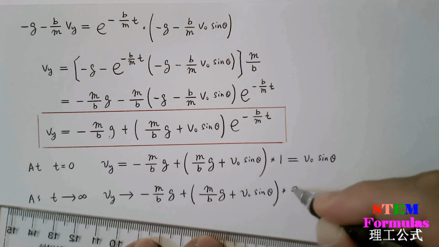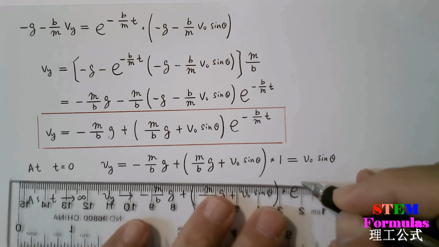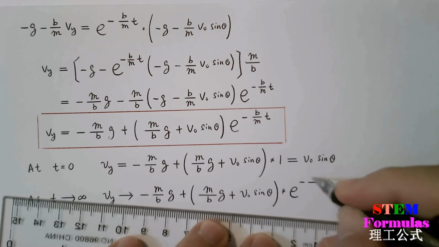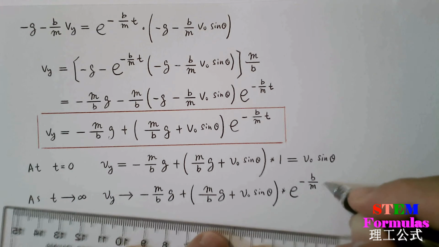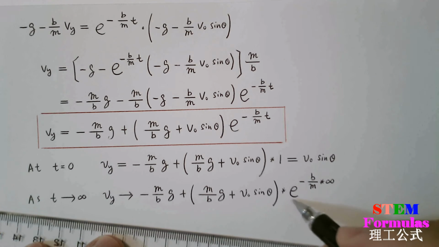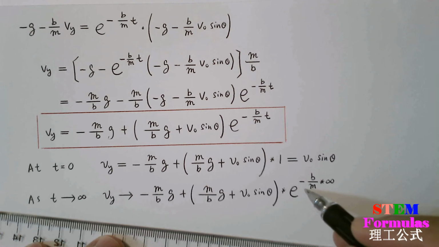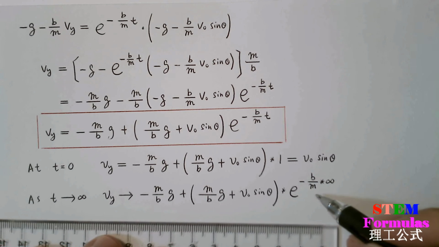Okay, I write down here e to the power negative b m times infinity. So this whole term e to the minus infinity equals 0.